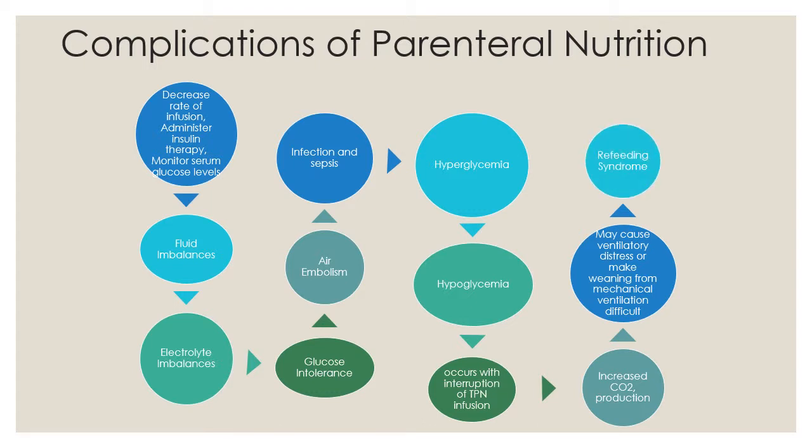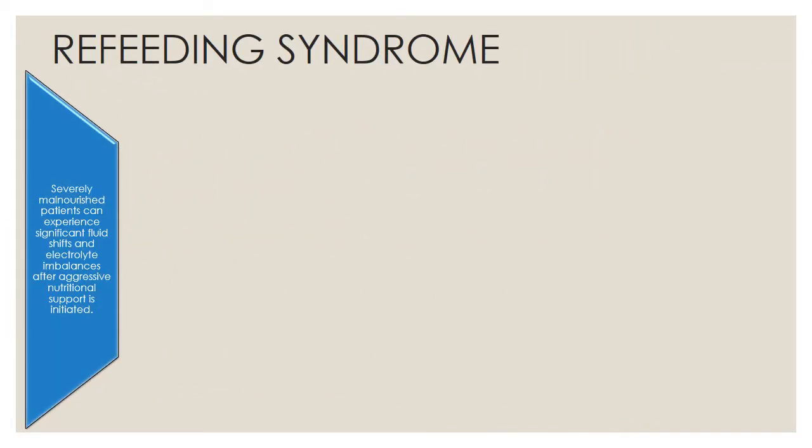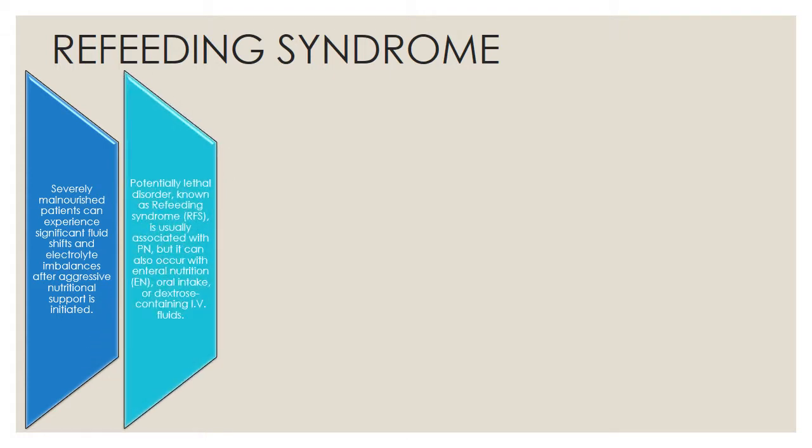And then there is the complication of refeeding syndrome. Severely malnourished patients can experience significant fluid shifts and electrolyte imbalances after aggressive nutritional support is initiated. Potentially lethal disorder known as refeeding syndrome.